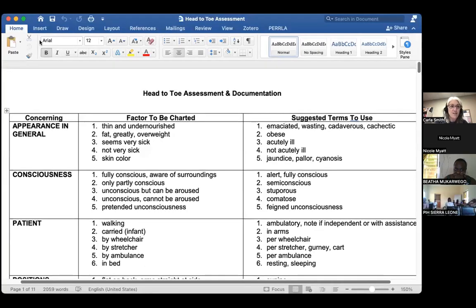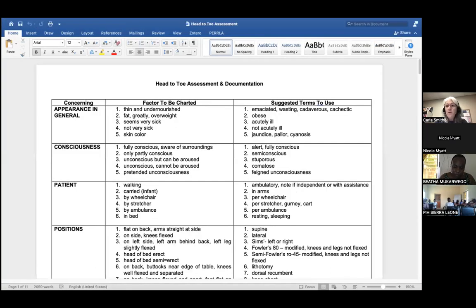And we're going to talk about, this is organized as a head to toe assessment. And I want you to think about all of these qualities in your patients. Again, you're walking in the room. The first thing you see is what does their general appearance look like?